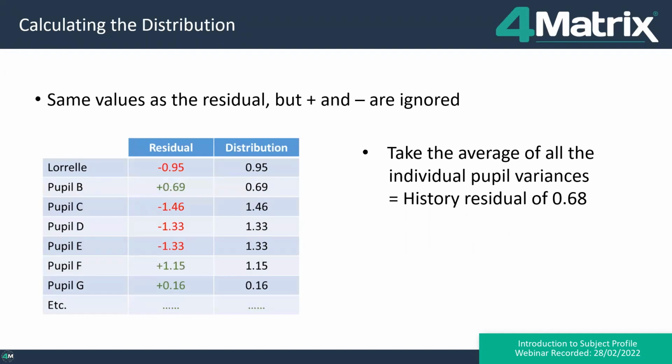So we're not interested in whether the grade's above or below their average, just merely how far away it is. So again, if we take the distribution of all the pupils' individual variances in history and average it out, we get a history distribution of 0.68.